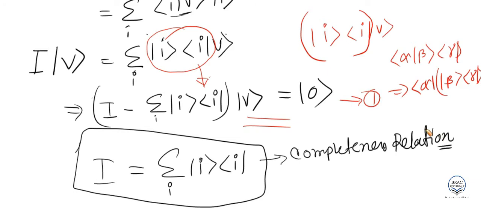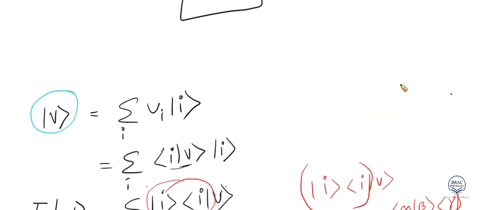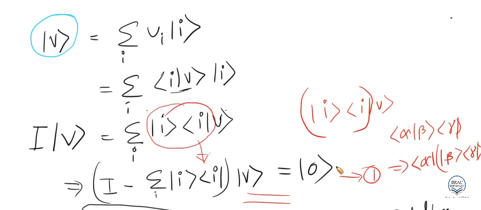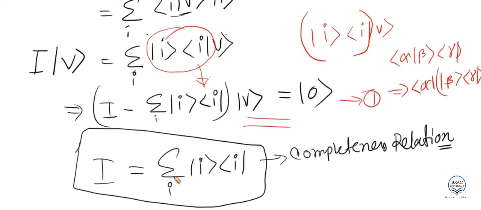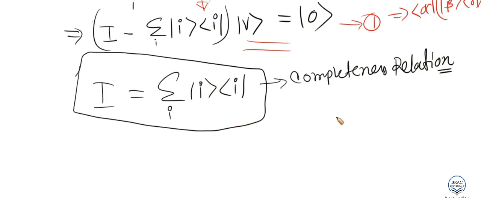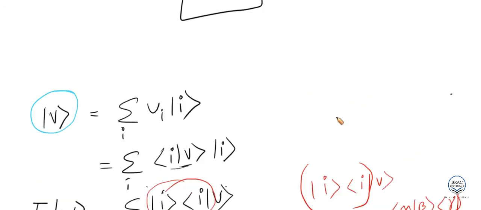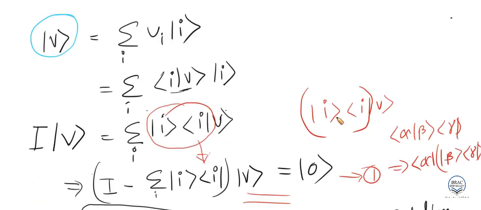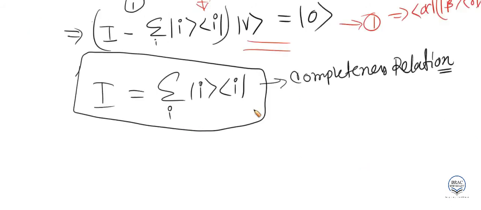And you might ask at this point, we were discussing projection operators, so what are we doing with this? In fact, the very idea of this completeness relation comes from the projection operation. There is a sum over this i over here. If you don't have a sum, that will actually correspond to a projection operator. Let me show you how this works.